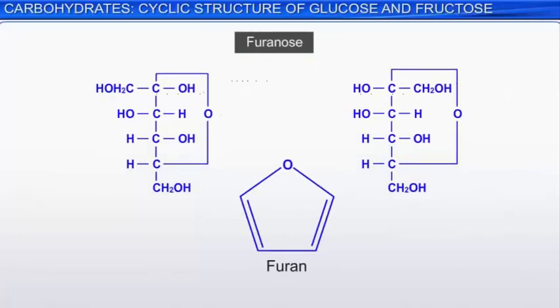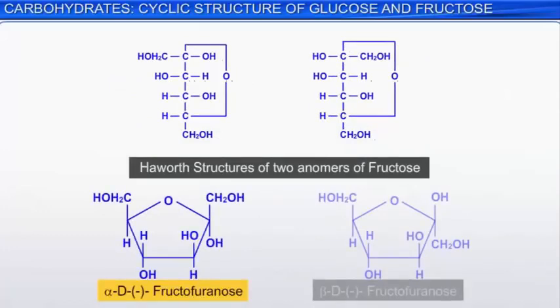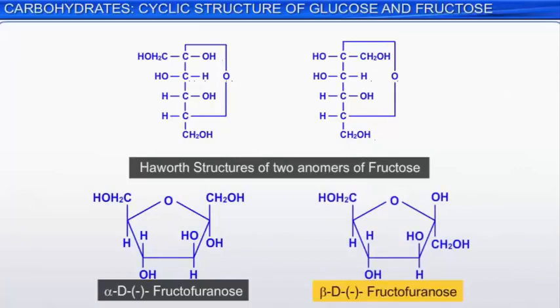Furan is a 5-membered heterocyclic compound. The furan molecule contains 4 carbon atoms and 1 oxygen atom. The cyclic structures of the 2 anomers are named alpha-D-(−)-fructofuranose and beta-D-(−)-fructofuranose.